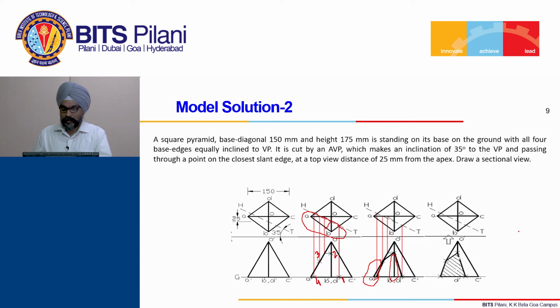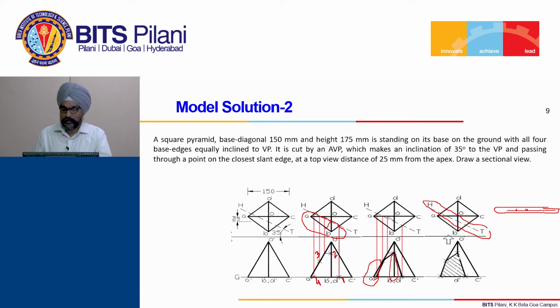If I want to get the true shape, I will take this thing as it is, and I shall make it horizontal. How will I do that? Because it is at 35 degrees, I will rotate it by 35 degrees and it will become horizontal. From there I'll already have different points.